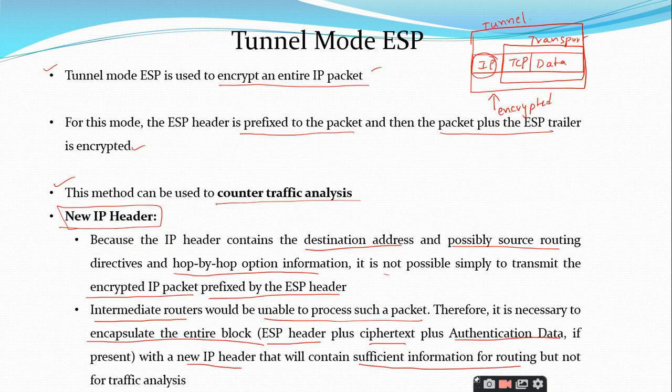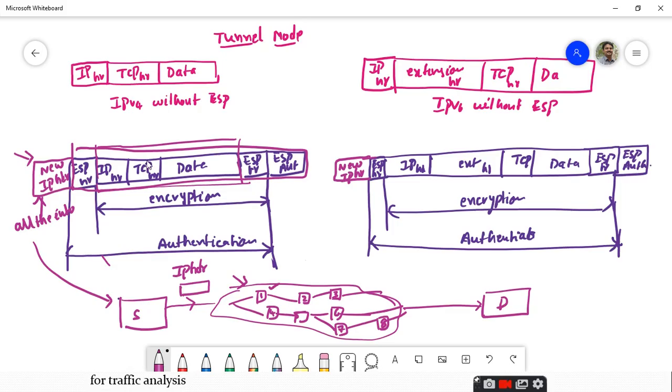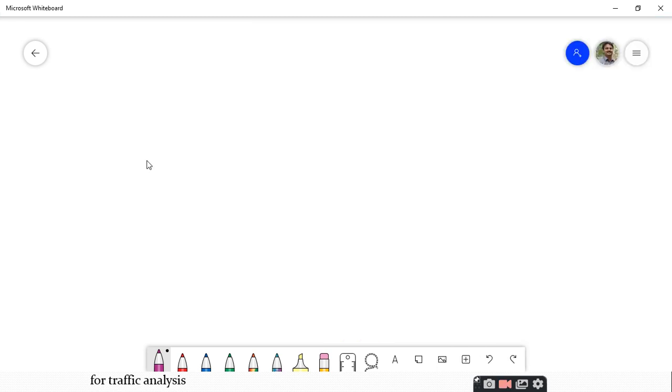And one more important thing you have to understand here is, let me draw it with an example. In the first diagram, you have seen that the transport mode is used to secure the two hosts directly.